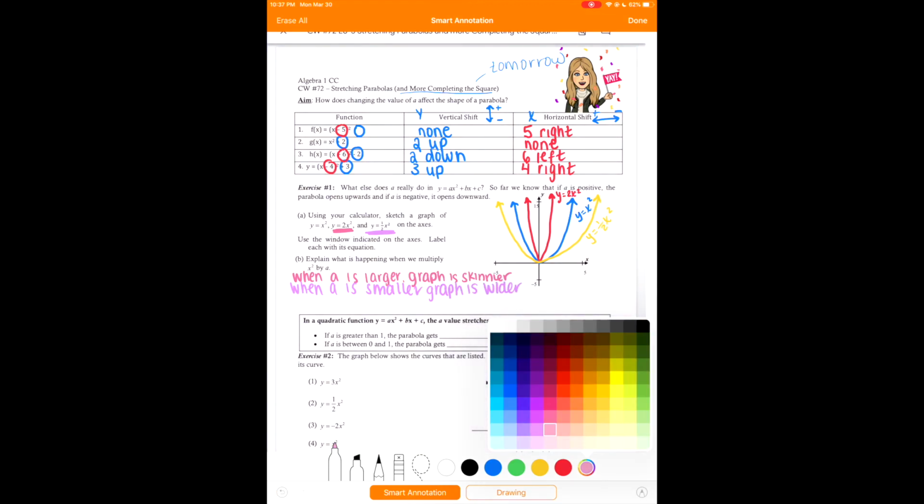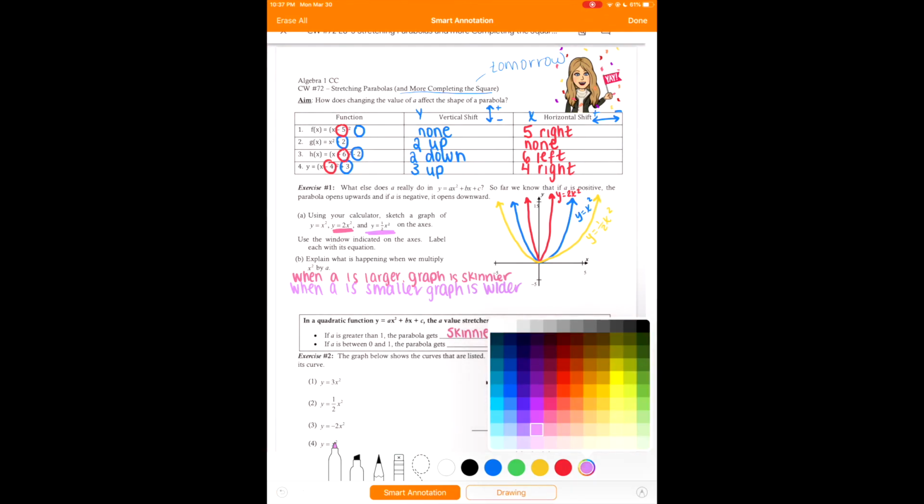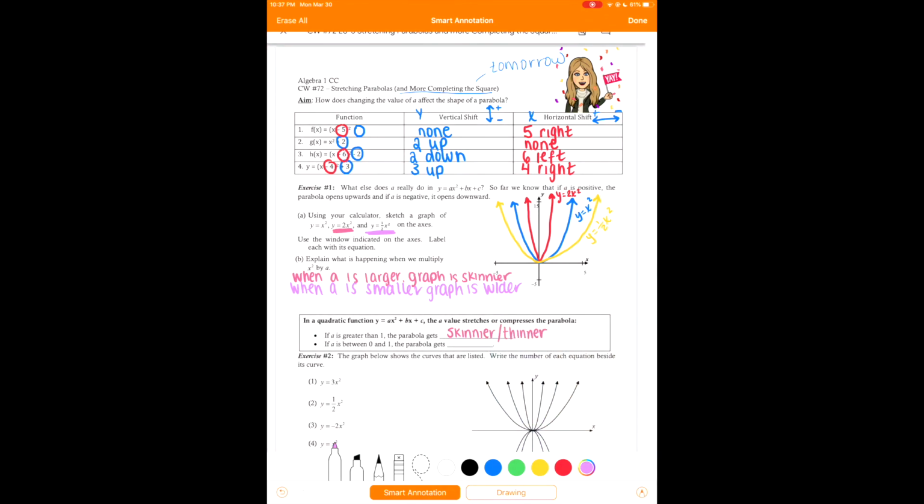So to sum that up, if a is greater than 1, the parabola gets skinnier or thinner. And when a is between 0 and 1, the parabola gets wider, or you can say fatter.